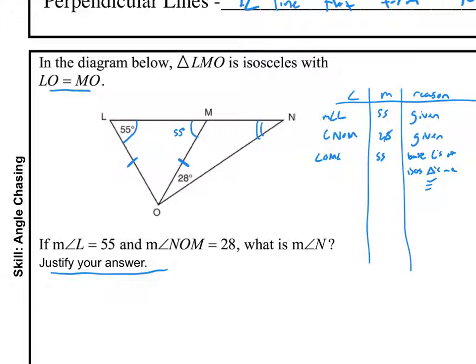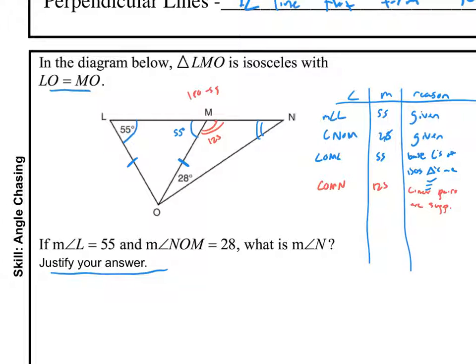All right? Then I can use linear pairs to find out that angle OMN is 125 degrees. So angle OMN is 125 degrees because linear pairs are supplementary. All right? Remember, that's just 180 minus 55.